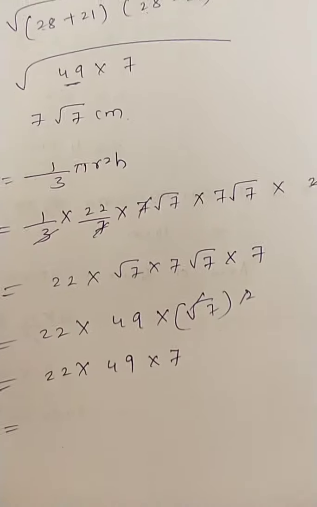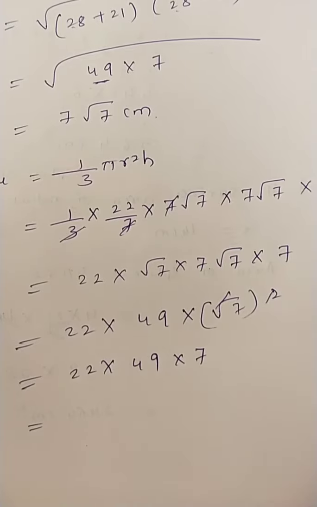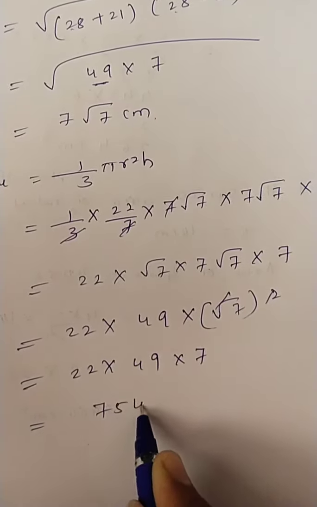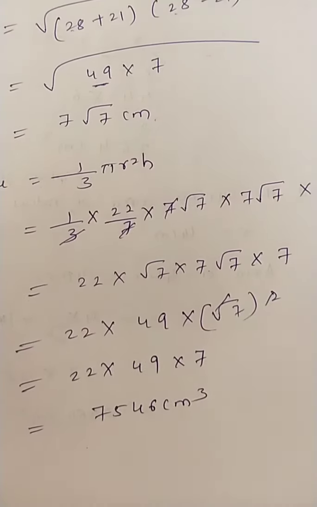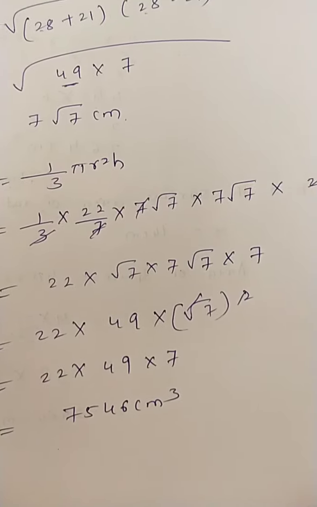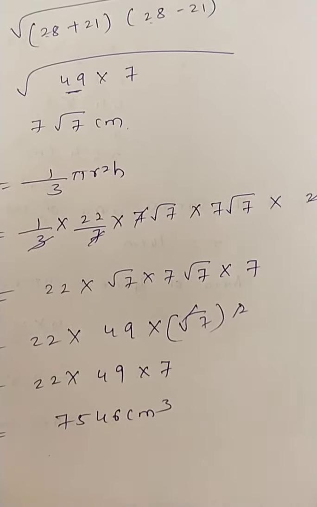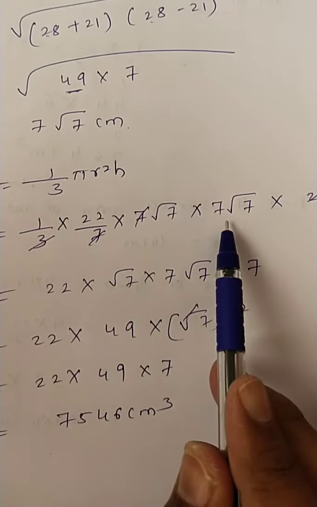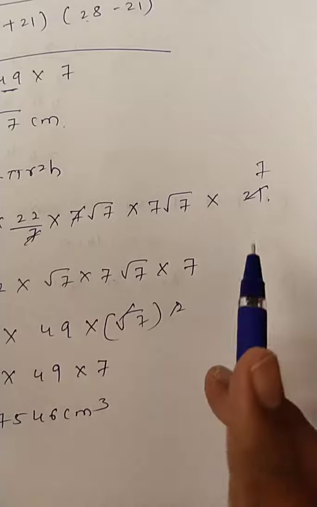If you multiply 22 into 49 into 7, you get 7546 centimeter cube. Why is it centimeter cube? Because we are calculating the volume of the cone. So the volume of cone is 1 by 3 pi r square h, that is 1 by 3 into 22 by 7 into 7 root 7 into 7 root 7 into 21.